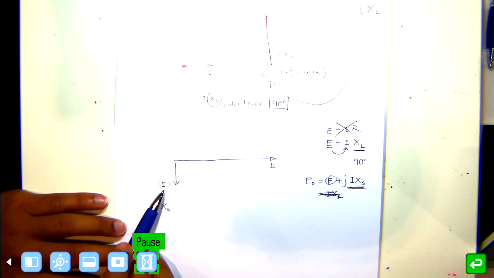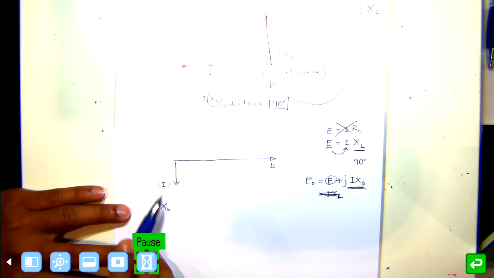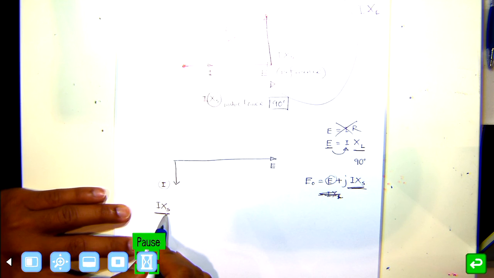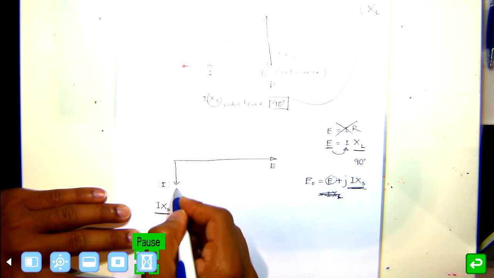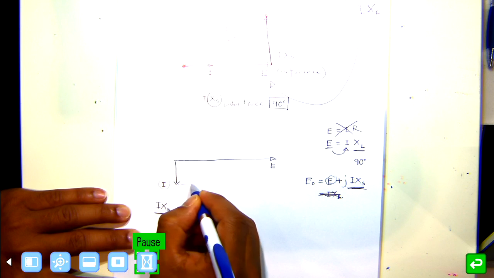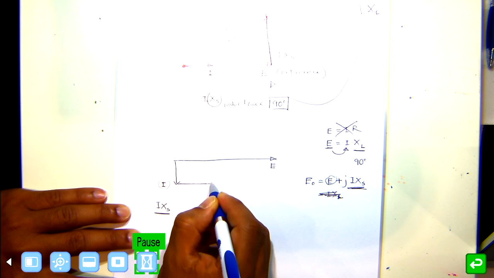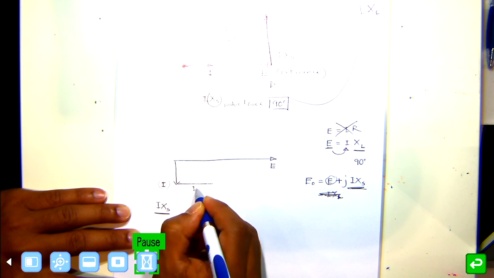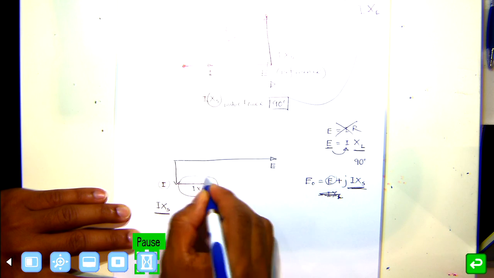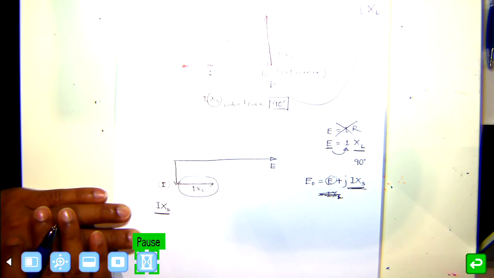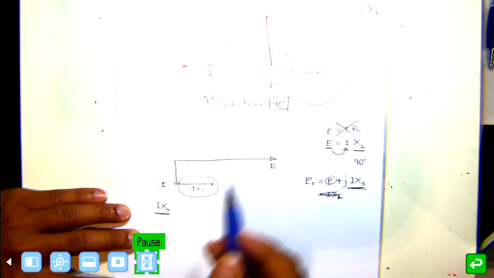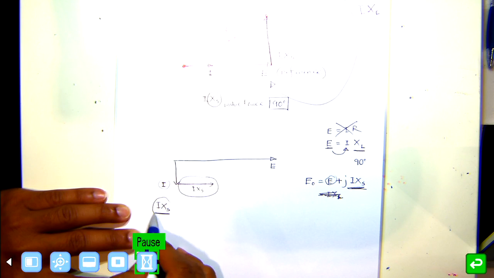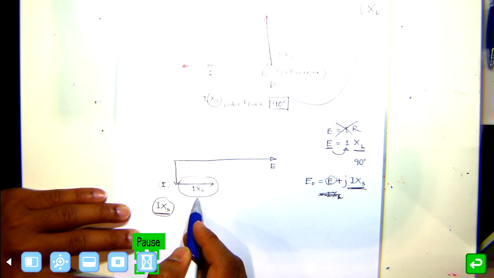So this is my I in this circuit. Now IXS will be 90 degrees phase shifted with this I, same as before. So if I want to draw my IXS, that will be this amount, and it will have 90 degrees with I. Same as here, I and IXS are 90 degrees apart, because of the XS.